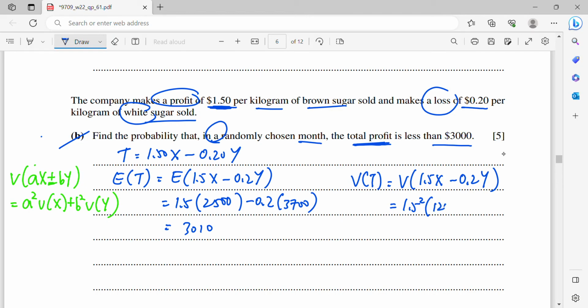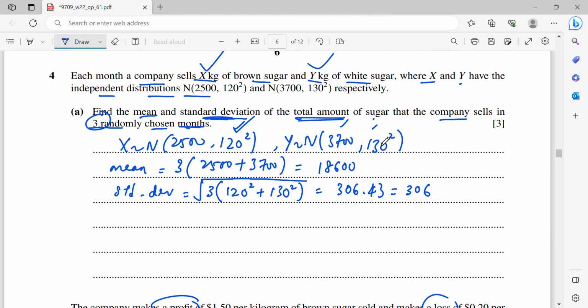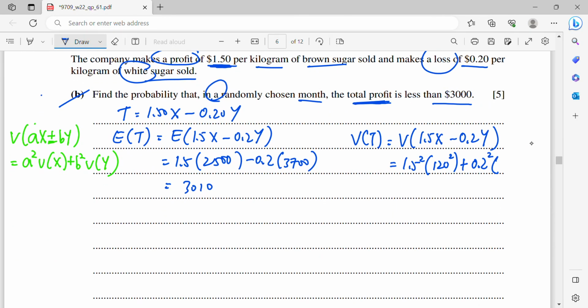So 120 squared, always plus, alright, even though it's minus here. So it will be 0.2 squared variance Y. So your variance Y is 130 squared.